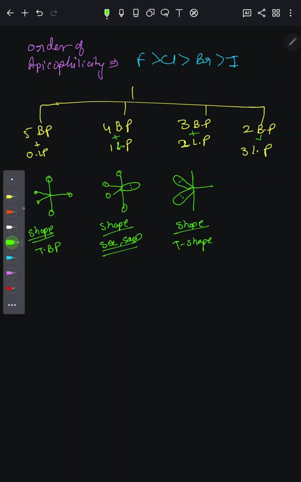Now for the last, this will be 3 lone pairs and 2 bond pairs. 2 bond pair are present here, 1 central atom here, and all the 3 lone pairs are present in the equatorial position, and the 2 bond pair are present in the axial position. So their shape will be linear.